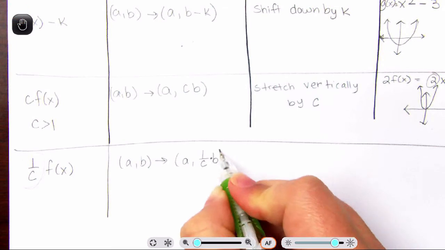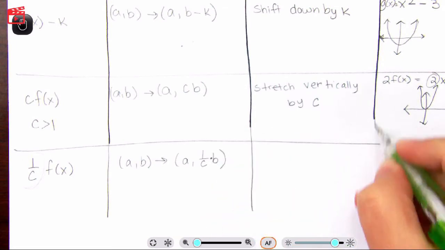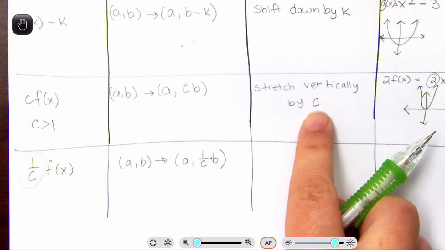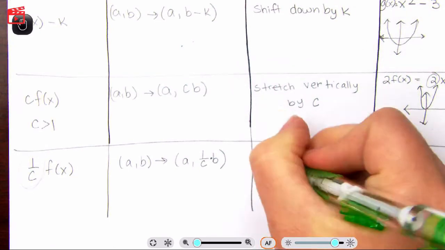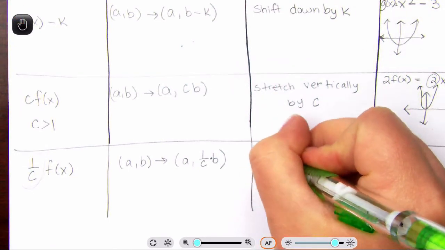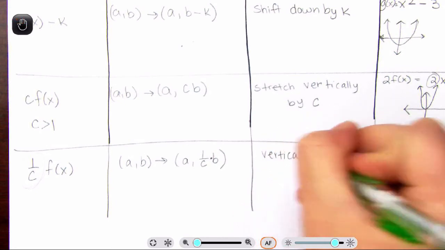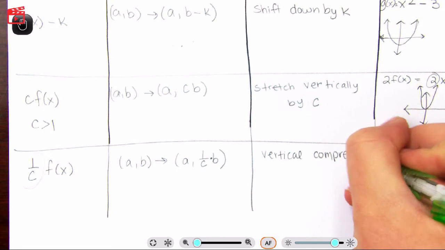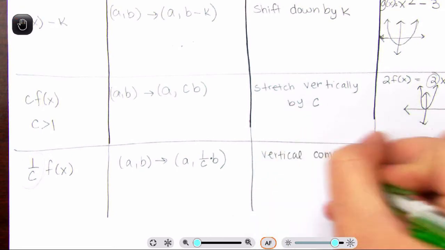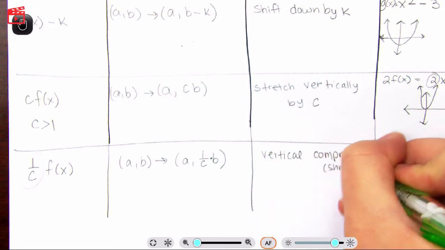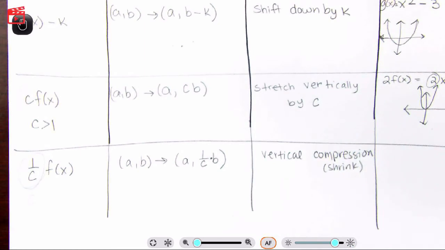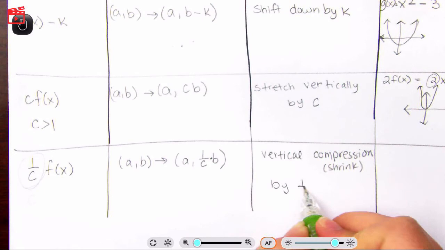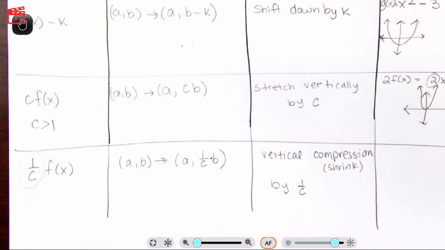However, it's no longer being stretched because we're not multiplying by a whole number. It's actually being shrunk. So we have a vertical compression. Is that how you spell compression? Shrinking. You can say shrink. I usually use shrink. It's a vertical compression by whatever your factor is, in this case 1 over c.